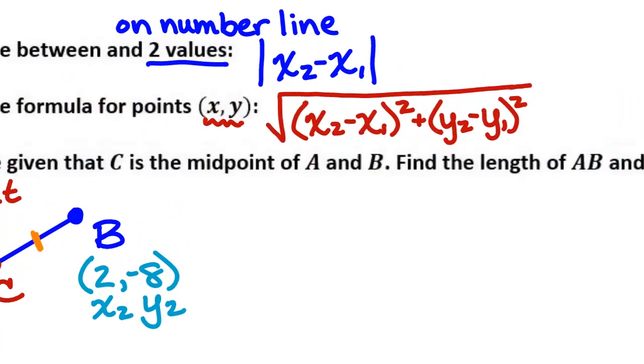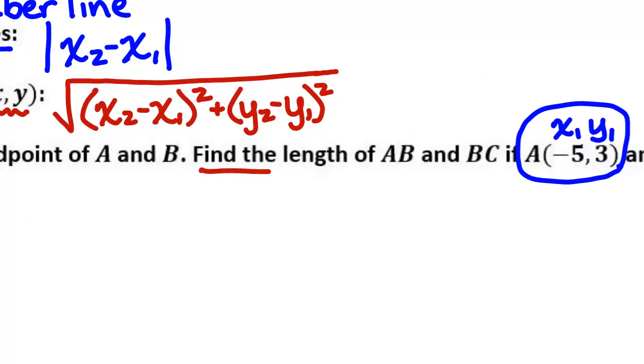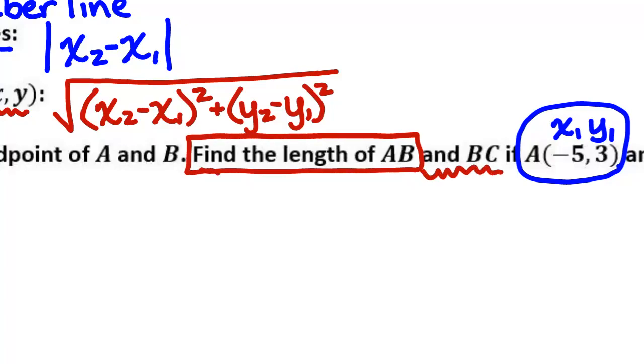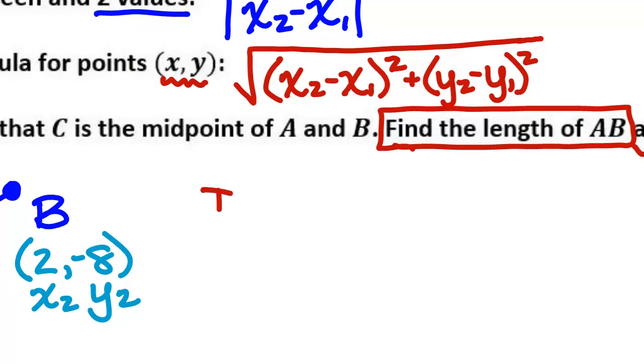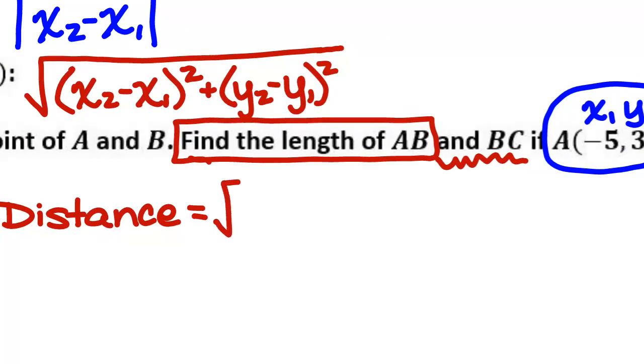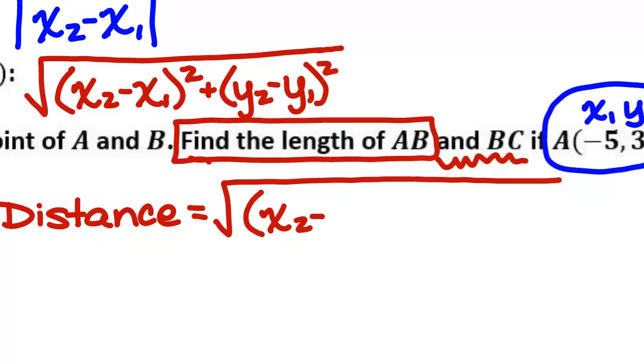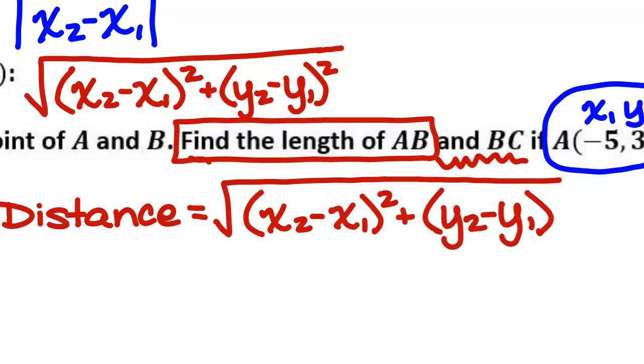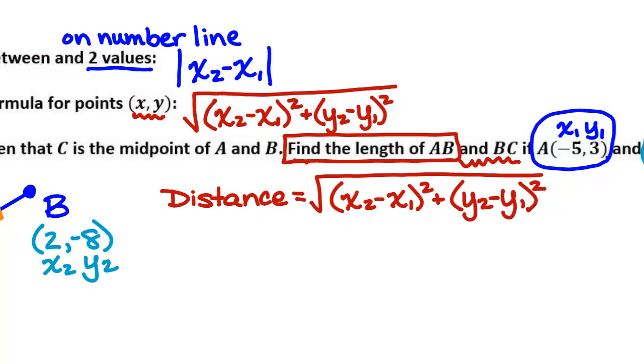All right, let's find our distance. It says find the length of AB, and then we're going to have to come back and find this next, but we're going to find the length of AB first. So distance is equal to big long square root, parentheses x2 minus x1 close parentheses and squared plus y2 minus y1 close parentheses and squared.